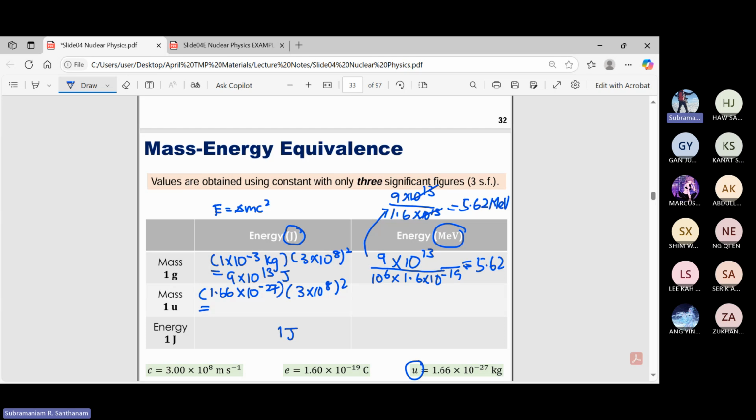Can you give me the answer for 1 u? 1.66 times 10 power minus 27 multiplied by the speed of light squared. What do you get? 1.494 times 10 power of 10, this is joule. Can you calculate for the MeV?